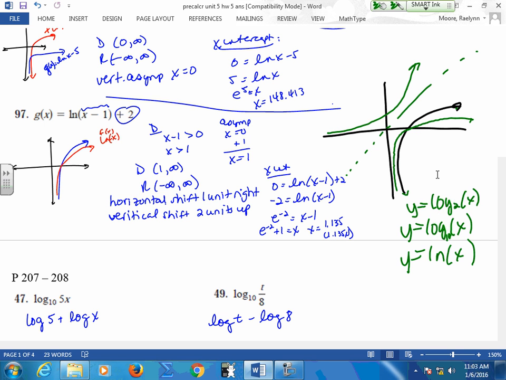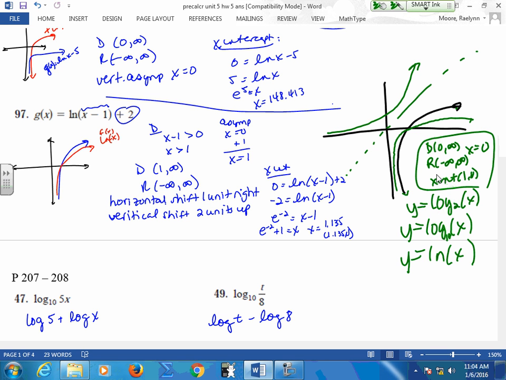It still has the same attributes. The domain is still the same. The range is still the same. The x-intercept is still the same. And the asymptote is still the same. The only difference is, in reality, it comes a little bit closer to here.